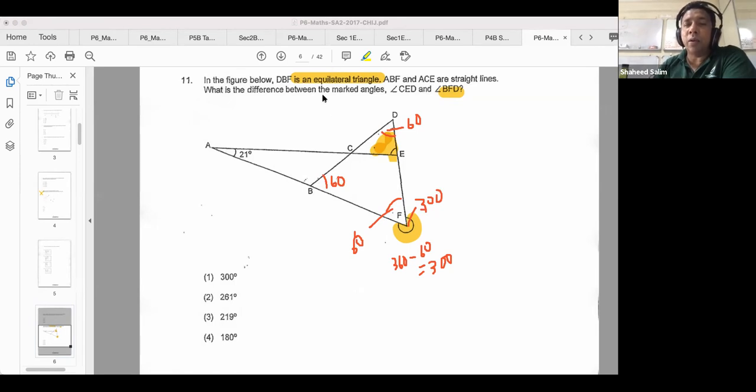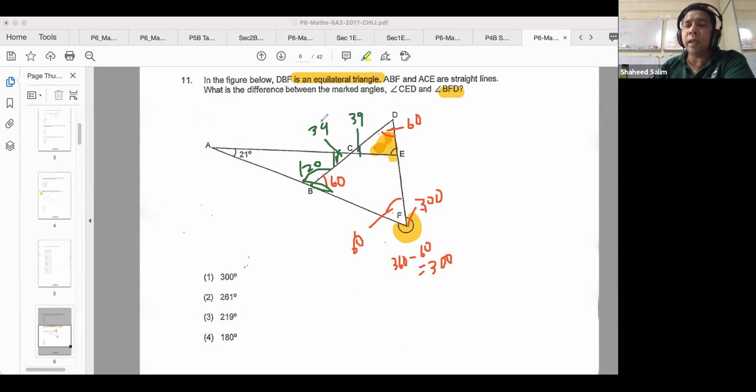Okay, down here now. We try the next one now. Down here, how to find? 180 minus 60, 120. Then this one how? 180 minus 120 minus 21. You get 39, this one. This one, you know 39. Down here also, you know 39.